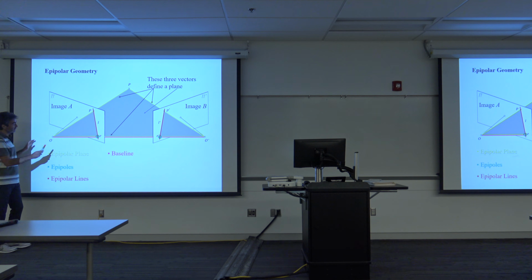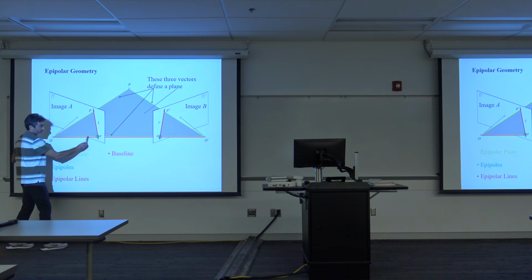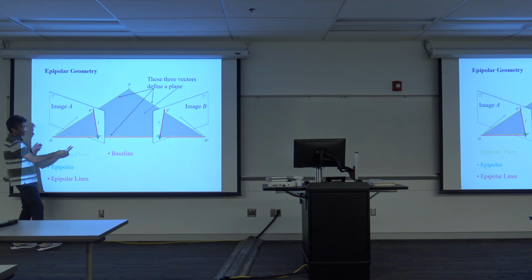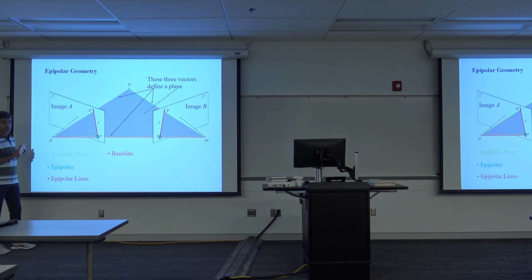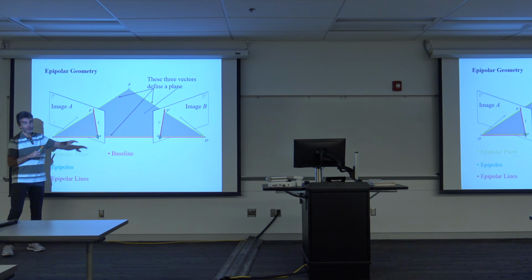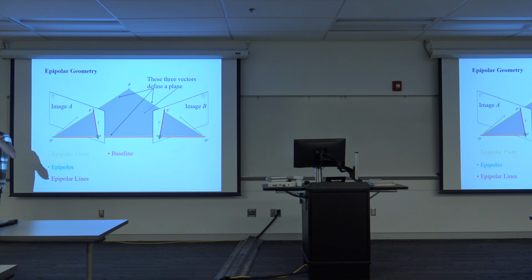Remember, the epipoles are where this vector O prime crosses the plane pi, right? In some images, when you apply this in practice, you will see that your epipoles are outside your actual image. So it doesn't mean that they are outside the plane pi. They are in pi.